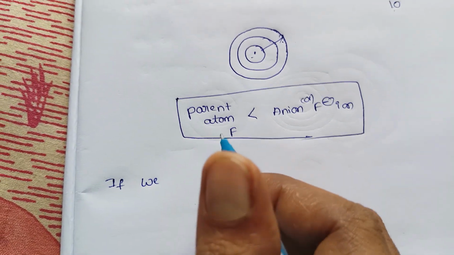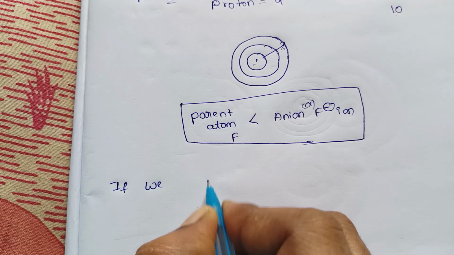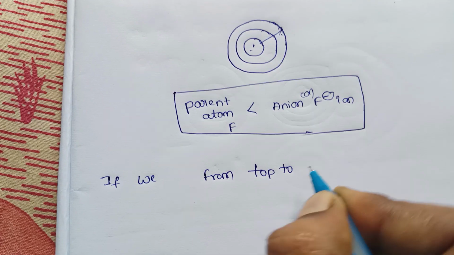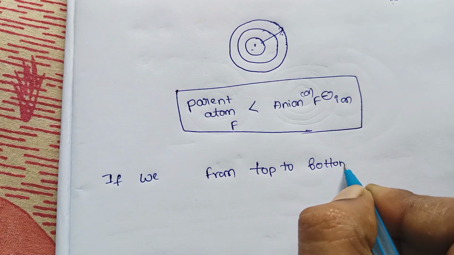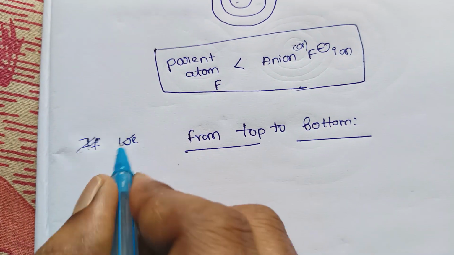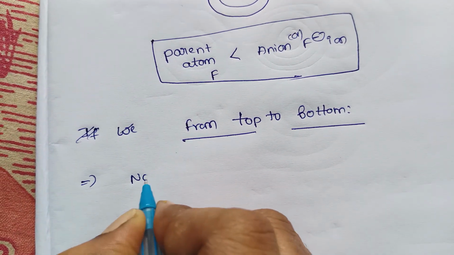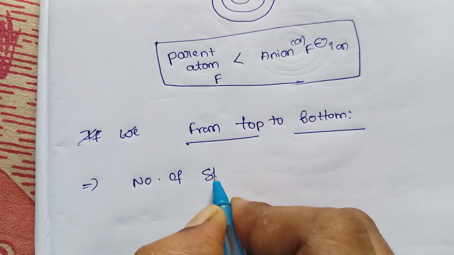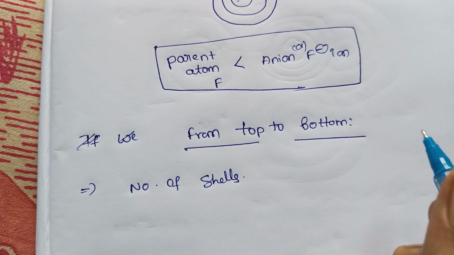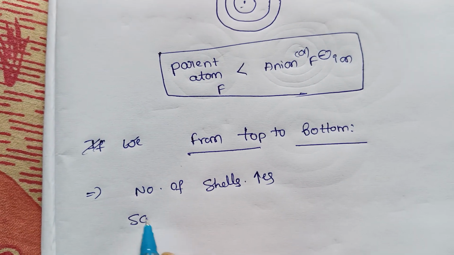If we observe in groups from top to bottom, the number of shells increases. From top to bottom, the ionic radius increases because the number of shells increases and the screening effect increases.